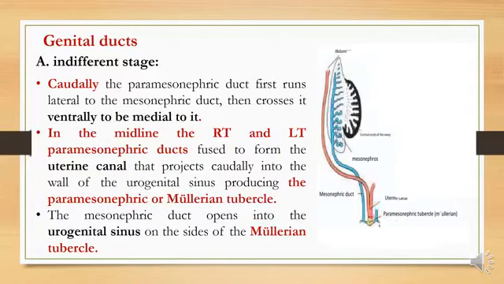You can see the uterine canal produces the paramesonephric tubercle. The mesonephric duct opens into the urogenital sinus on the side of the Mullerian tubercle.